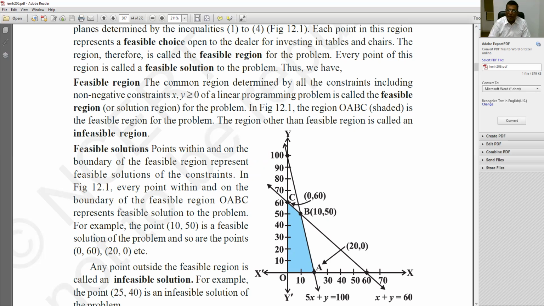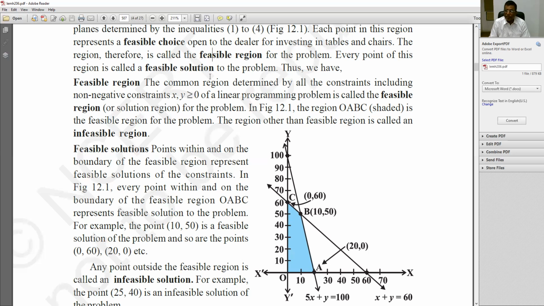Anyway, one by one we shall try to discuss each and every aspect of your linear programming problem. So I hope in this initial lecture of linear programming problem numerical, you have a little bit understood how a linear programming problem is solved, how a graph is drawn.